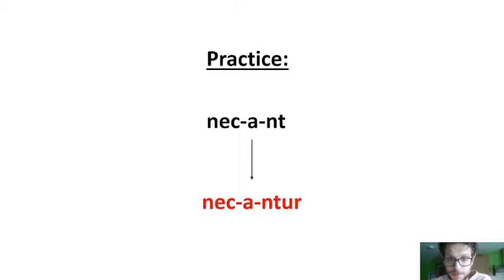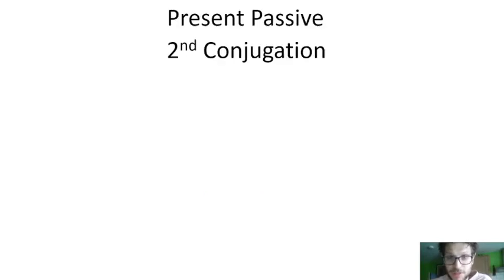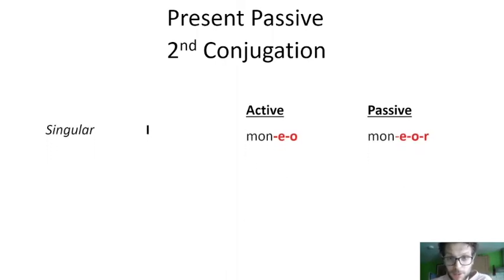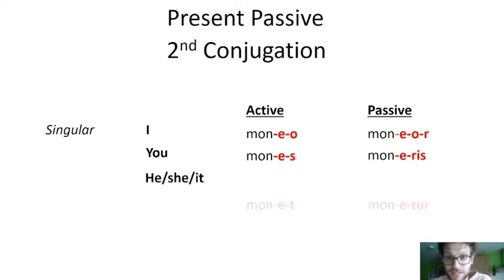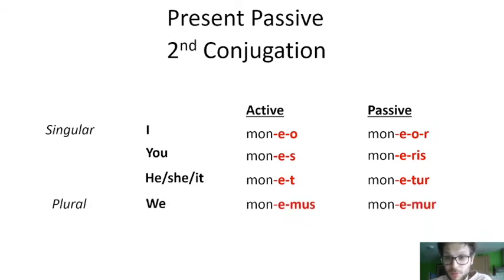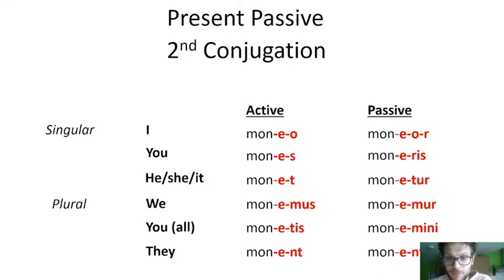Okay, hopefully you got those, but we'll see the same endings again in the second conjugation. So, I in the singular, moneo becomes moneor, you, mones, moneris, he, she, it, monet, monetur, plural, we, monemus, monemur, you all, monetis, and monemini, they, monent, and monentur.